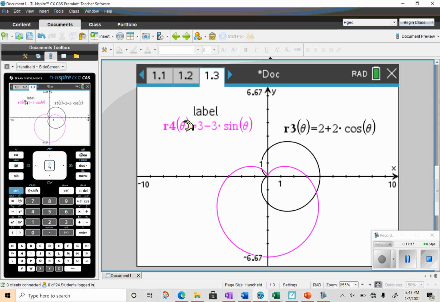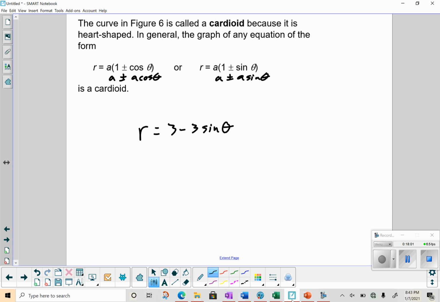Okay, so you notice here how the cosine one looked like it was symmetric up and down, but the pink one here for the sine graph looks symmetric left and right. Okay, that idea of symmetry is something that we'll come back to in the second half of this section.